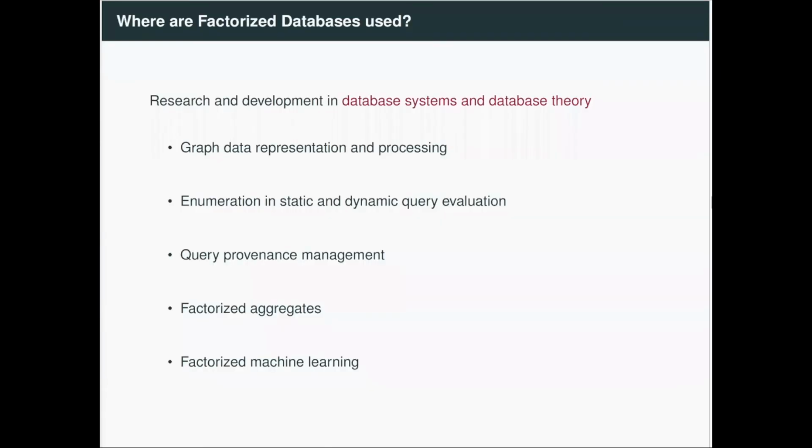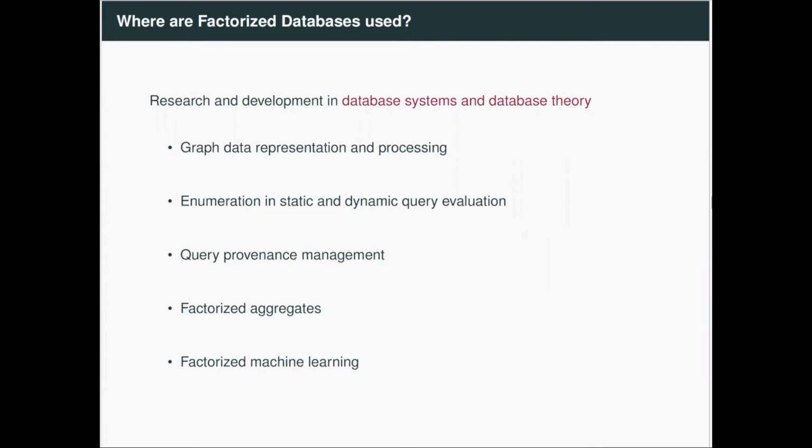In our investigation for such works, we realized that factorized database ideas have been subsequently used in research and development in both database systems and database theory. While we expected to find such works in database theory, we were particularly pleased to see their influence on systems building efforts. Furthermore, it is remarkable that these subsequent works are very recent.